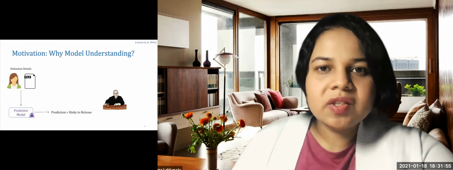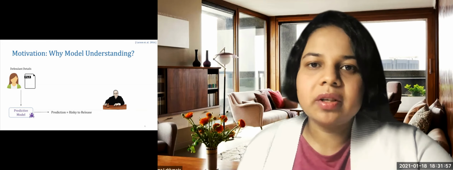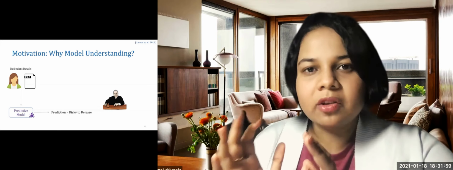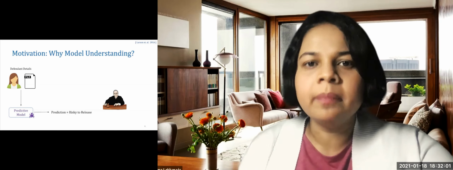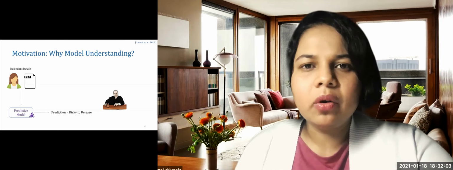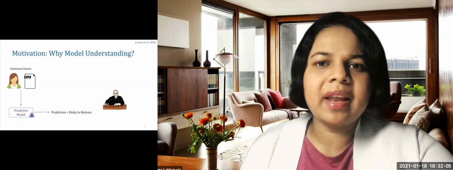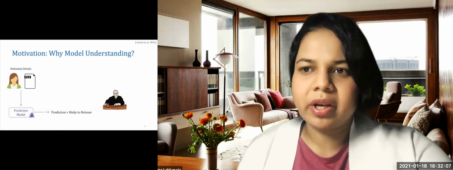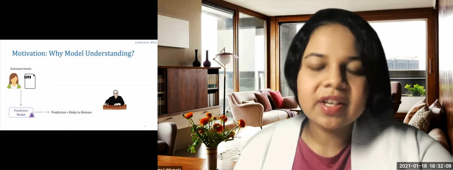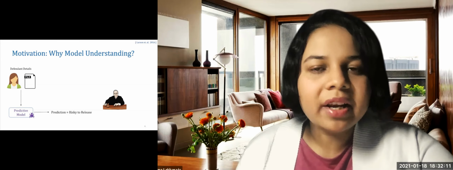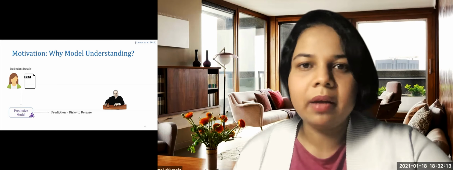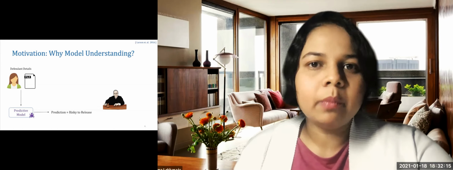Okay. A judge is at the receiving end of this prediction, and if we just provide the judge with this singular prediction, the judge might not exactly know how to interpret this prediction and if and when to trust this prediction. On the other hand, if we provide a deeper knowledge about how this prediction is being made, then that might be helpful to the judge.